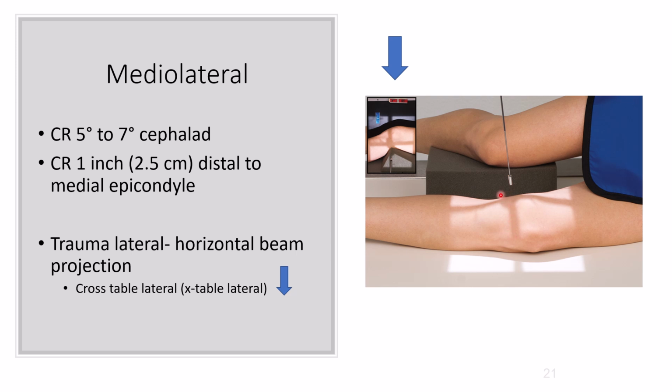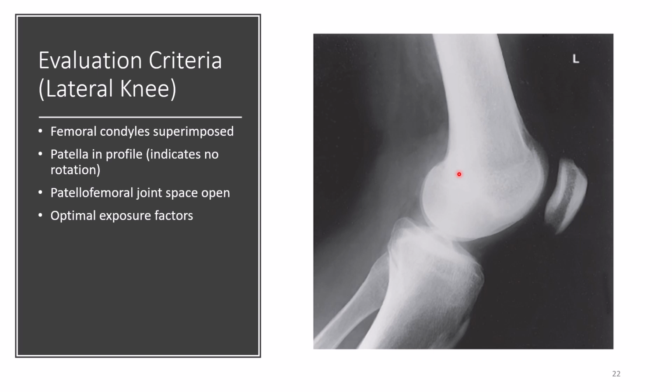All right. If this was a trauma patient, you would then do a horizontal beam or a cross table lateral. This is the cross table lateral knee. This is just a non-trauma lateral. And remember, if done correctly, we should have perfect superimposition of the medial and lateral condyles.